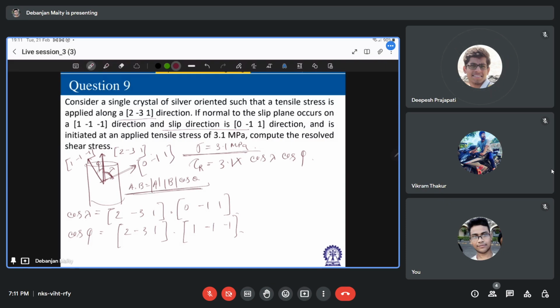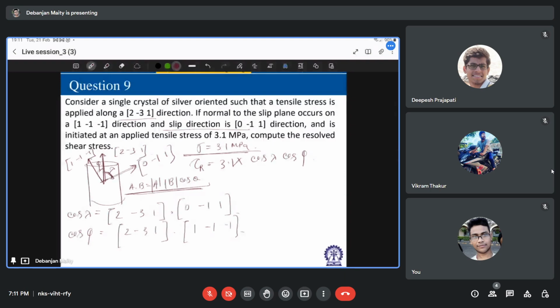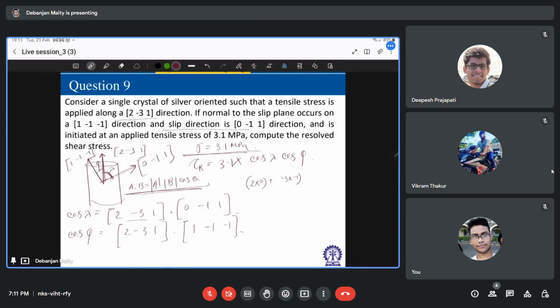Okay, so tell me this cos lambda and cos phi values. So this is some 2 into 0, plus minus 3 into minus 1, plus 1 into 1, divided by root over of 4 plus 9 plus 1, into 0 plus 1 plus 1.